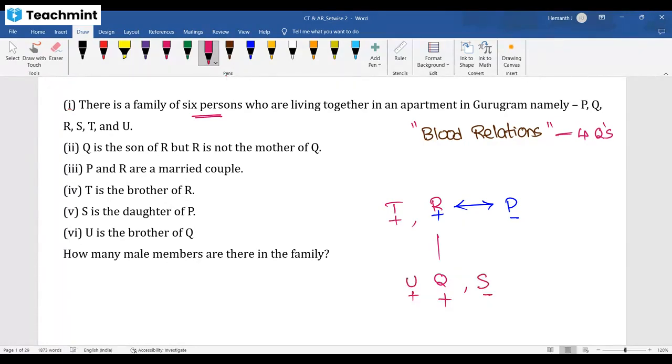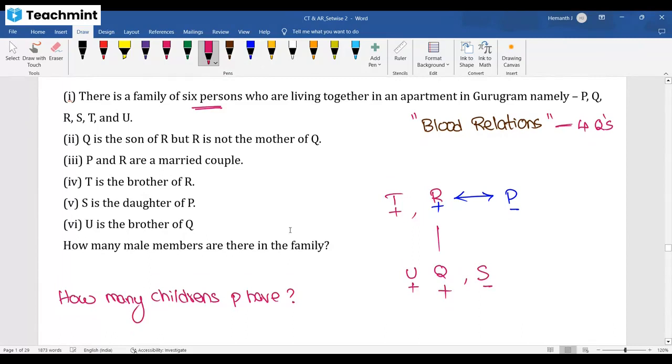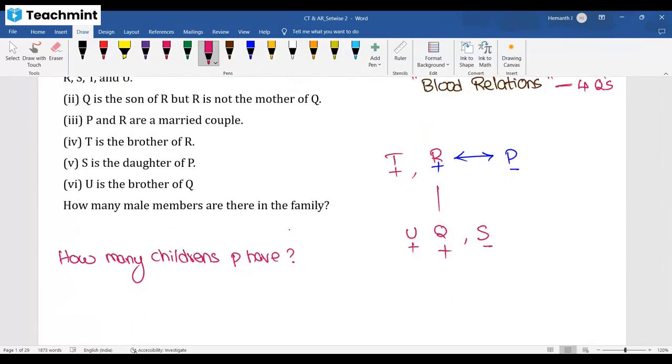Now, the questions they asked: how many children does P have? How many male members? Who is T's wife?